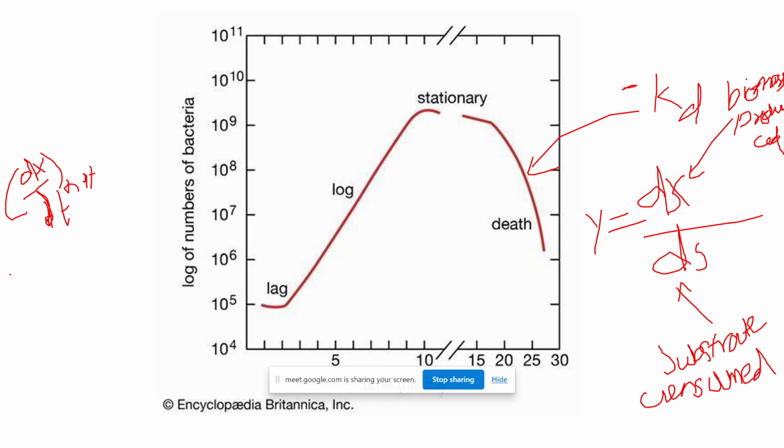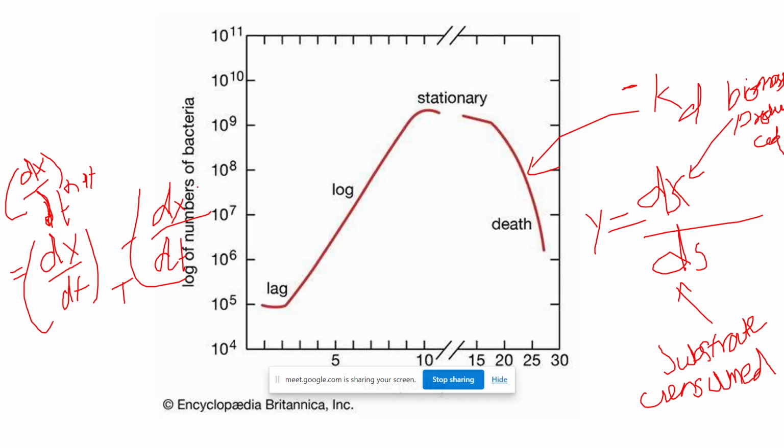This will be equal to your total dx by dt minus dx by dt due to endogenous death.